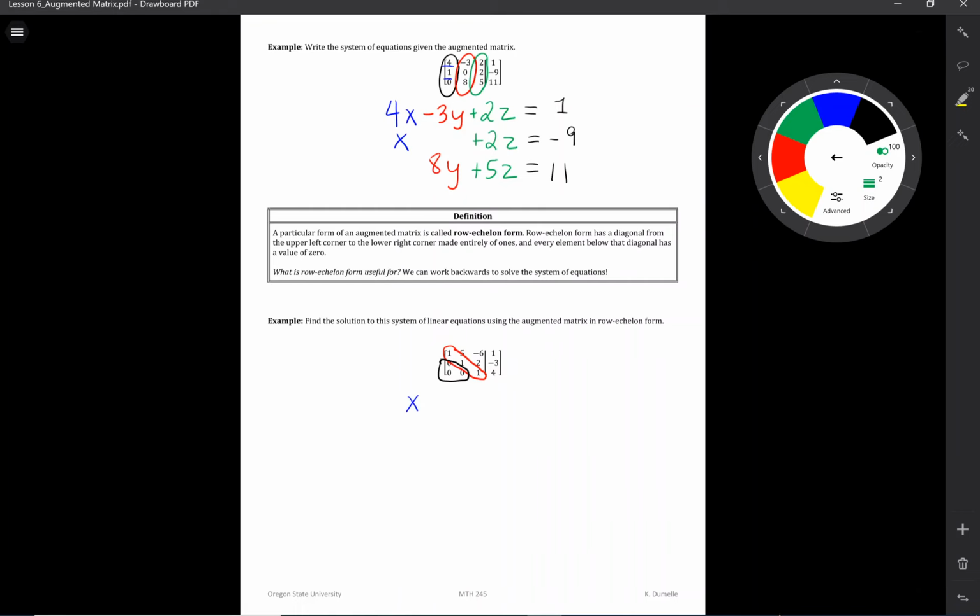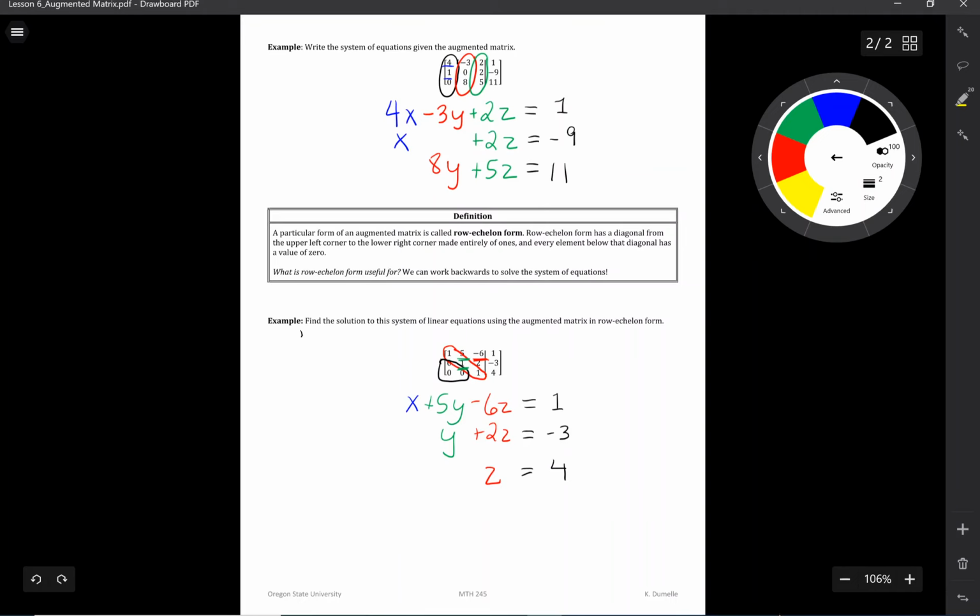In terms of the y's, I have plus 5y in the first equation, y in the second equation, and nothing in the third equation. And in terms of the z, I have minus 6z in the first one, plus 2z in the second one, and z in the third one. Then I have all of my equal signs, and I have 1, negative 3, and 4.